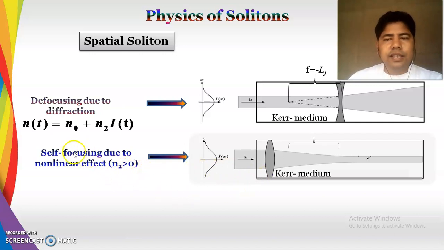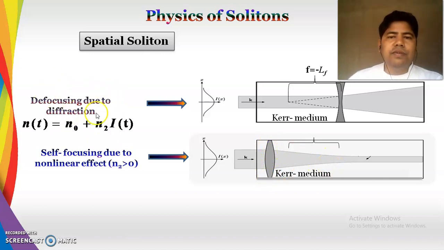If self-focusing is there, then the pulse will be focused up to a certain point at the end of this medium. Let us call this focal distance F, now plus LF. Now this medium behaves like a convex lens, which focuses the light.